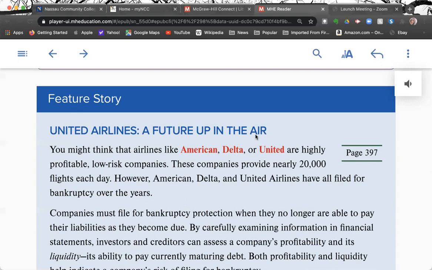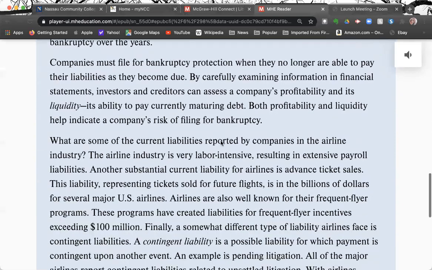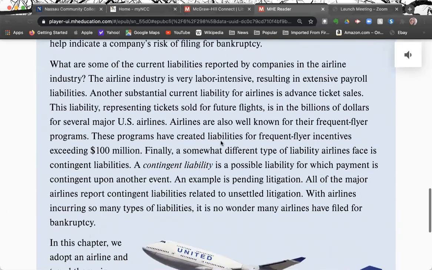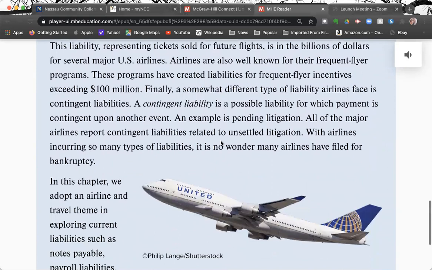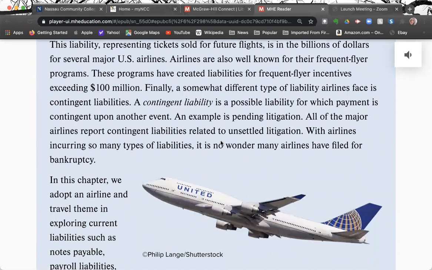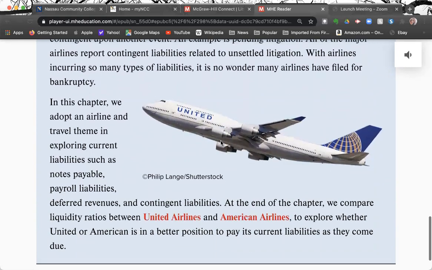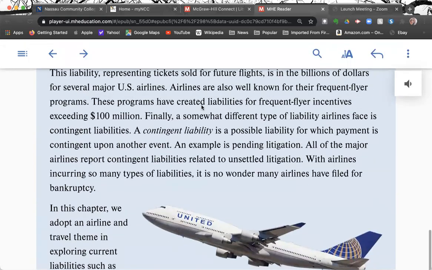Well, they still have to make payments on their loans, but if their revenue is off like it is now, they have lots of problems, right? And why do they have so much debt? Well, because these aircraft cost millions, even billions of dollars, and they borrow the money to buy them.